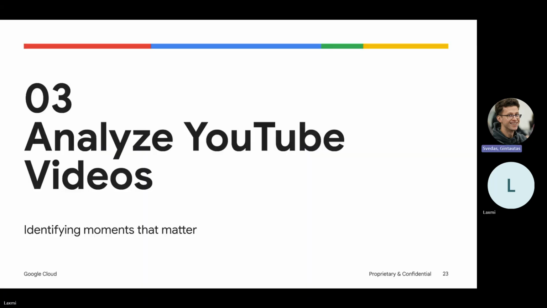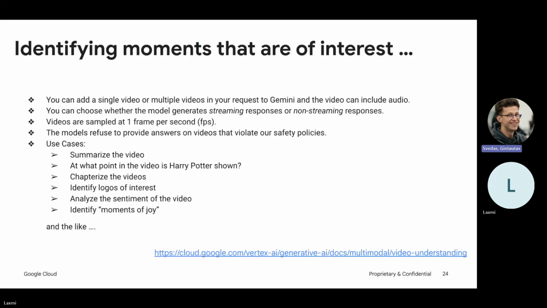Again, I talked about the Gemini 2.0 series being multimodal. One of the use cases that we have is video analysis. You could upload a video into a GCS bucket, or if it's a publicly available URL, you could just pass it on and use that URL directly.